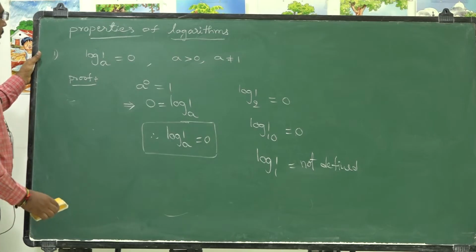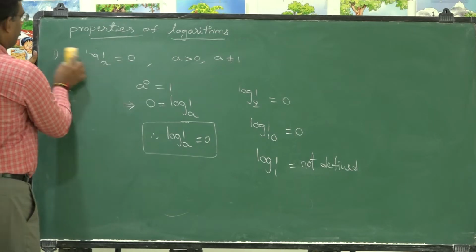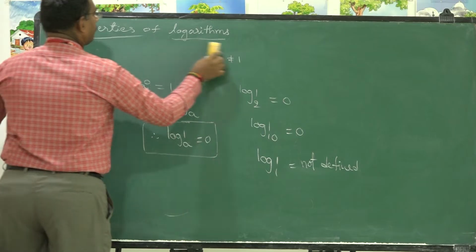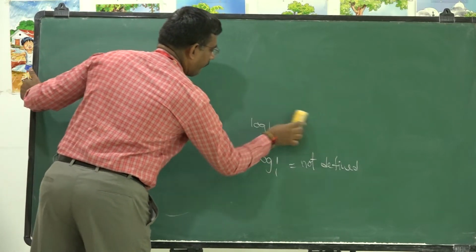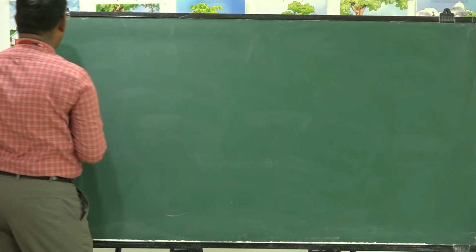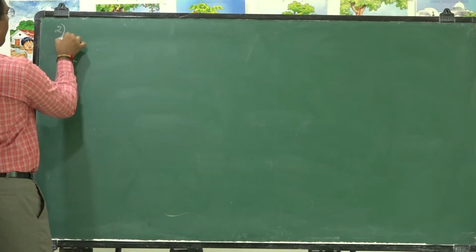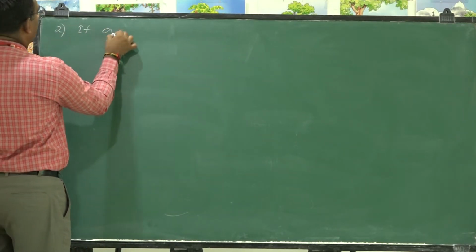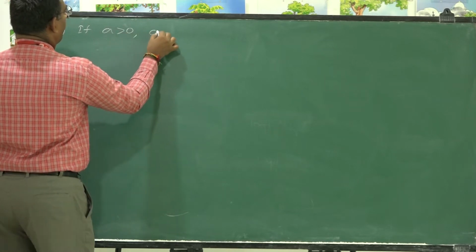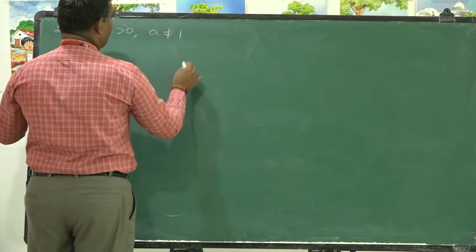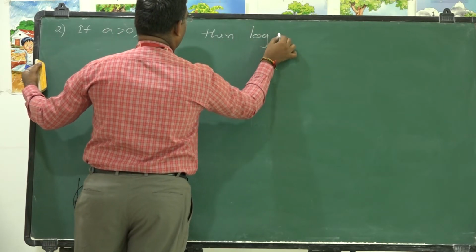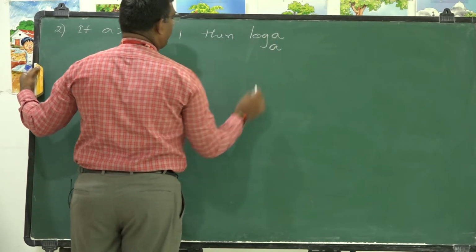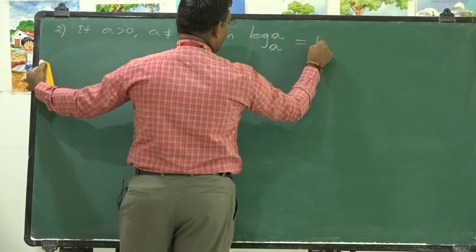Next, second property. If a is greater than 0 and a is not equal to 1, then logarithm of a to the base a is equal to 1.